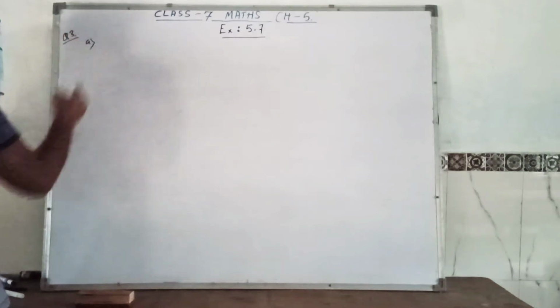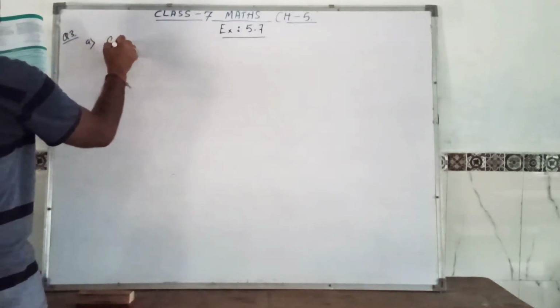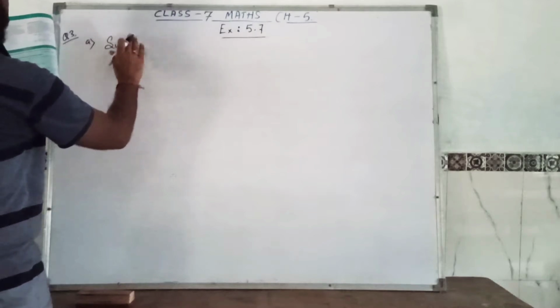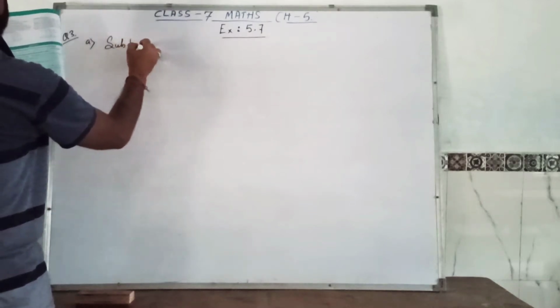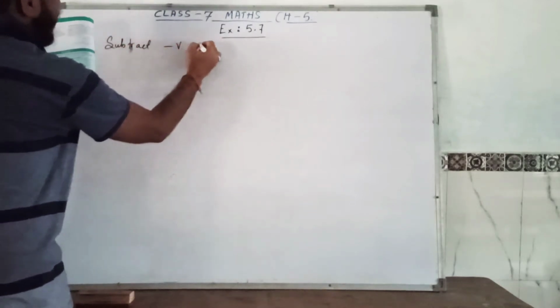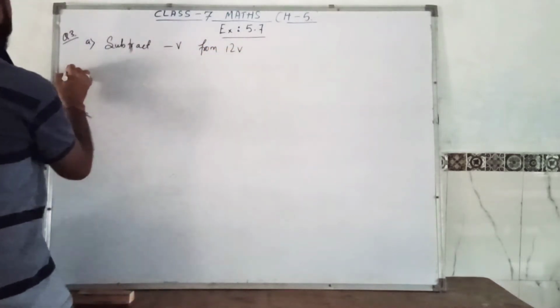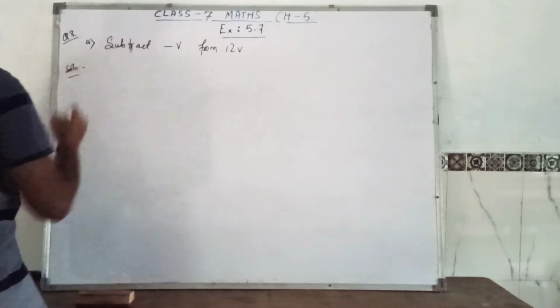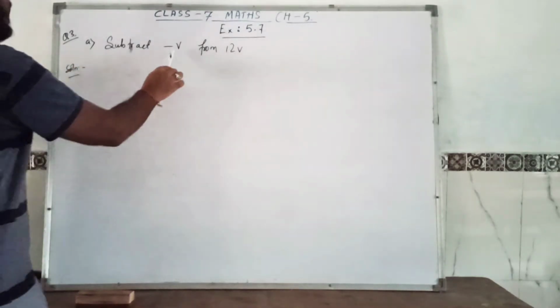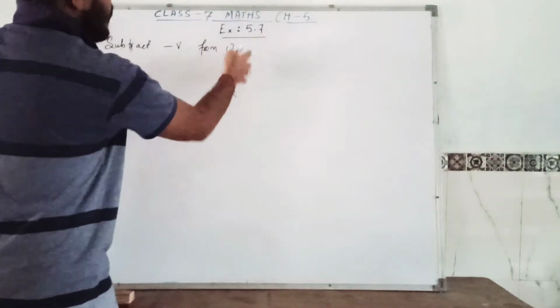A. Subtract minus b from 12b. What the question is saying, you have to subtract minus b from where? 12b.